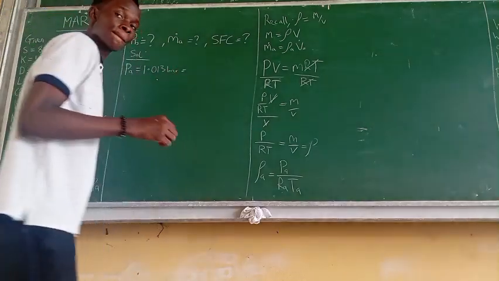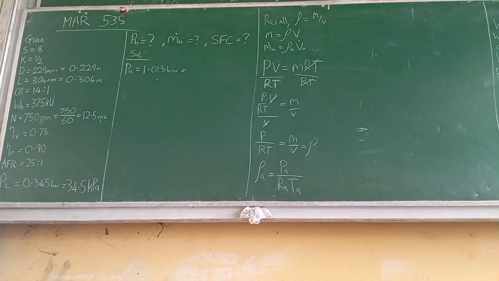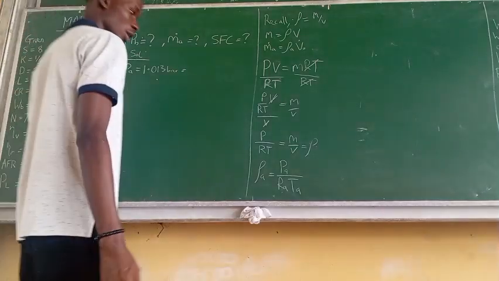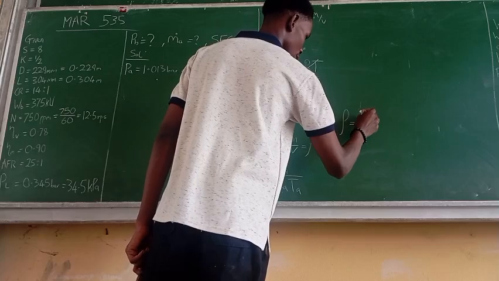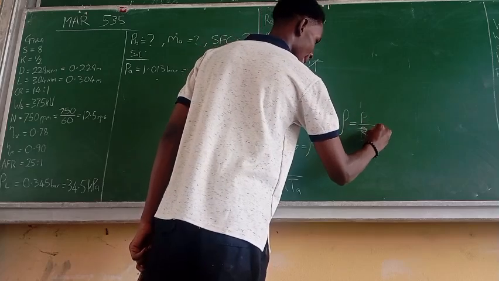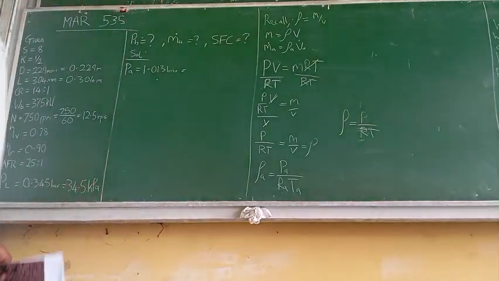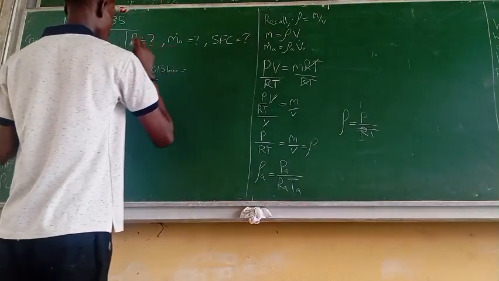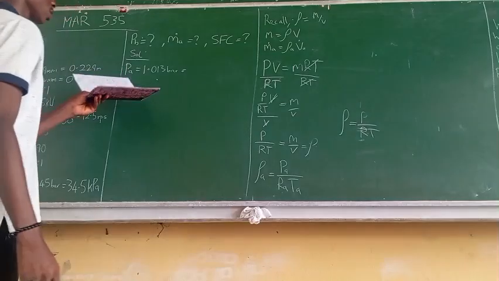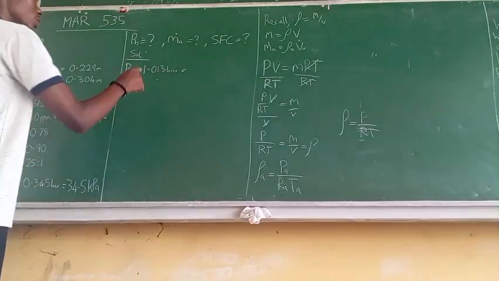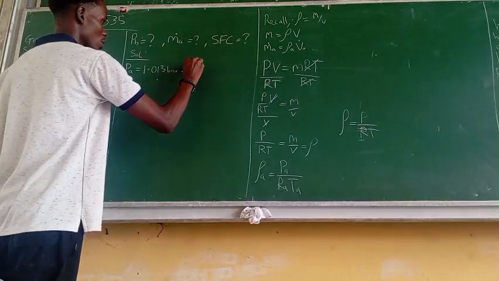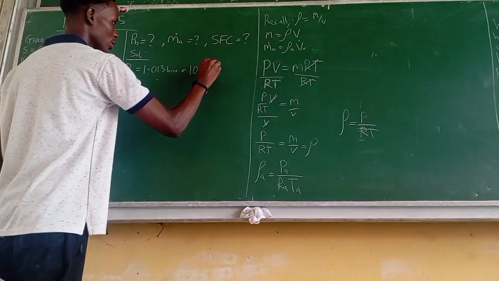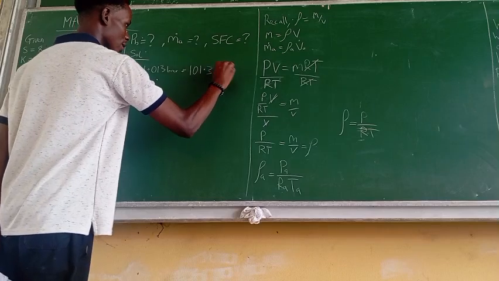Rho is equal to P over RT; you can add it to your formulas as a constant for density. To convert the pressure to kilopascals, we multiply by 100 to give you 101.3 kilopascals.